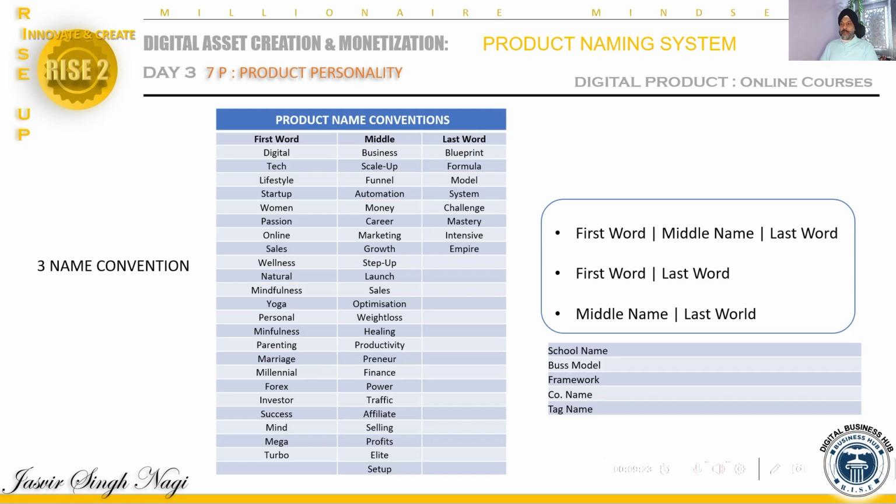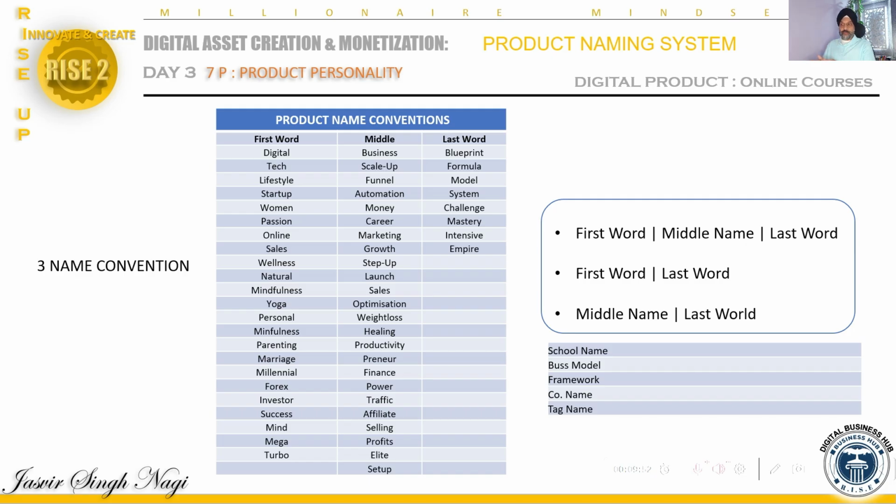Those have been put in the first word column. The middle one is basically for the relevant activity which encompasses the first category. And the last word is typically to do with the course, what it's trying to teach.